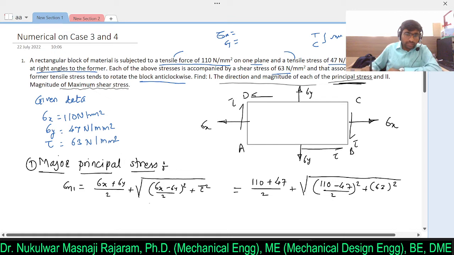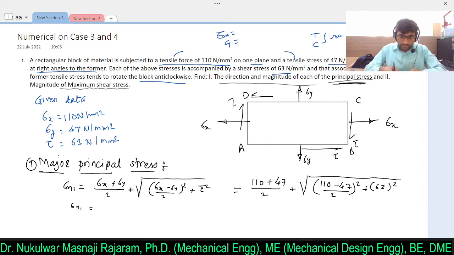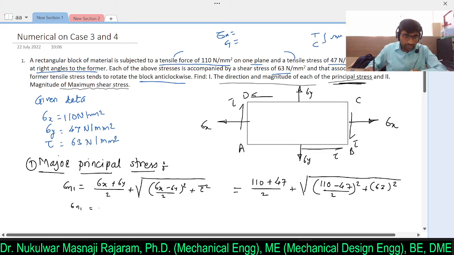If you calculate, (110 plus 47) divided by 2 is 78.5, plus under root of (110 minus 47) divided by 2, that is 31.5, square, plus 63 square.